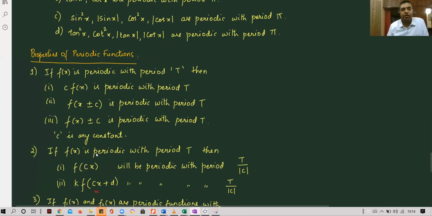If f is periodic with period t, then you multiply f with a constant, you add or subtract to x a constant, or to the function value itself, you add and subtract a constant. The period remains unchanged. Rather it just moves up and down.